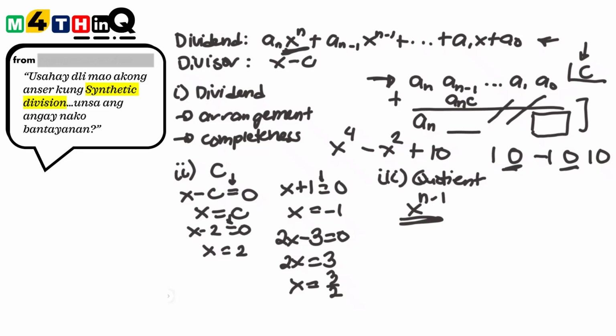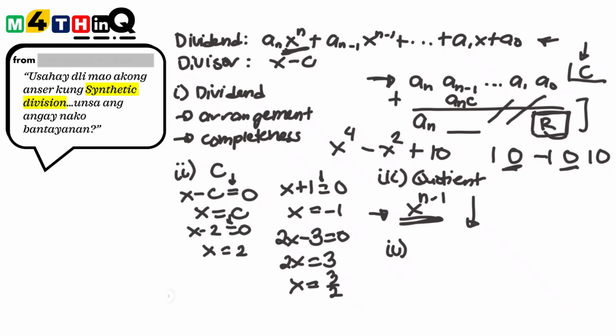I would like to add one more thing. I told you that's the last one, but I'm going to add one more thing. This is actually an implication of your third step. As you consider that the highest degree of your quotient is less by 1 than the original, the last item here is your remainder. Okay, that is your remainder. You don't need to include it in the expression as a term with x, but you simply look at it as a remainder.